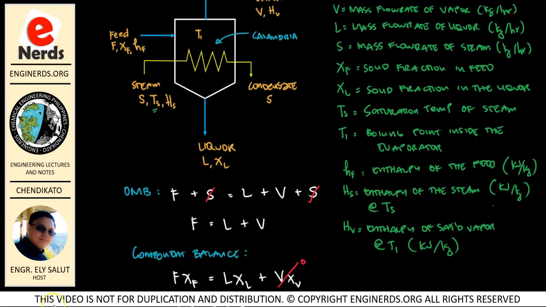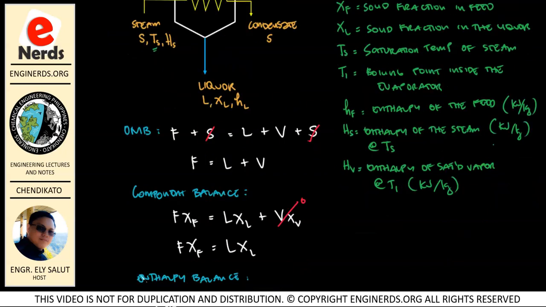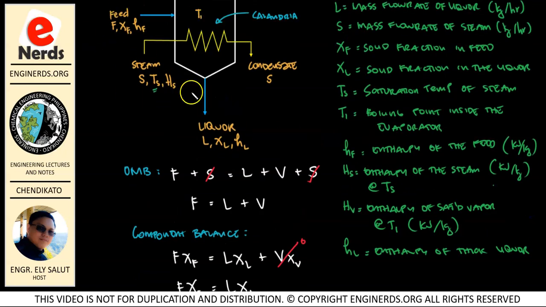So next is yung enthalpy dito sa ating liquor, no? Sa ating thick liquor. So we have a liquid here, so this will be small h, and we will have a subscript of L. So our HL is the enthalpy of concentrated product stream. Then finally, dito sa ating condensate. So this is a saturated liquid na, no?